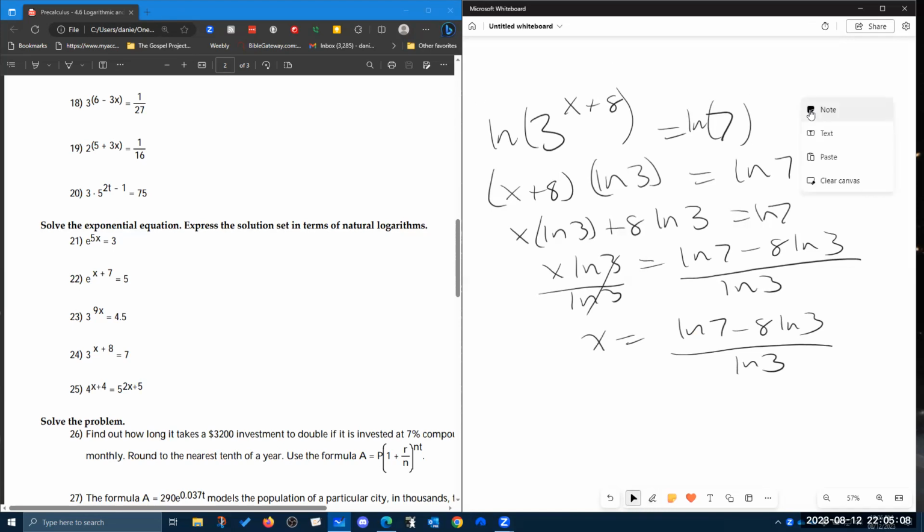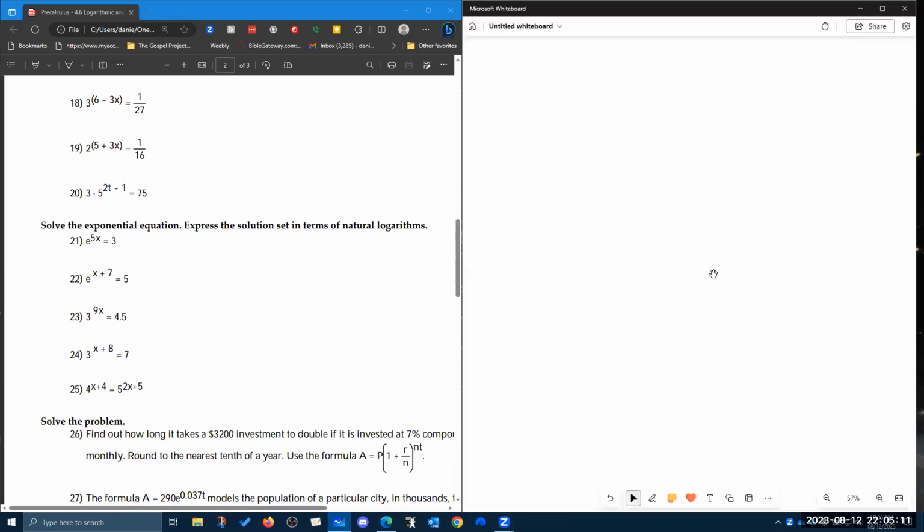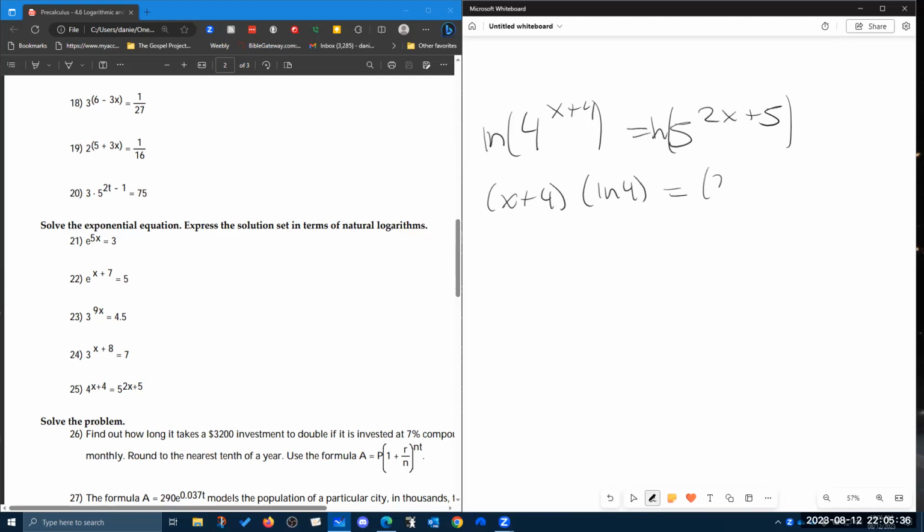Last problem in this set is 4 to the x plus 4 is equal to 5 to the 2x plus 5. Take the ln of both sides. x plus 4 ln of 4 equals 2x plus 5 ln of 5.